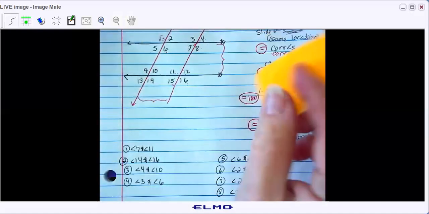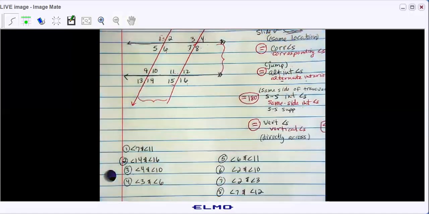If at any time I cover one transversal and I can't see both angles, then it's a none. They'll still have a relationship like equal or supplementary, but they won't be directly one of these. Okay, so angles 7 and 11.